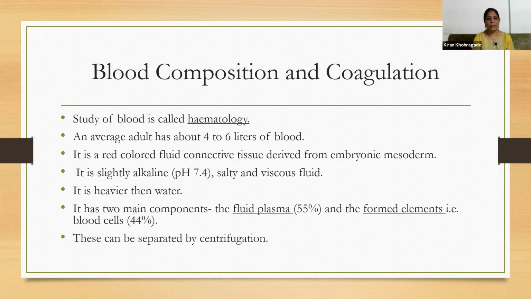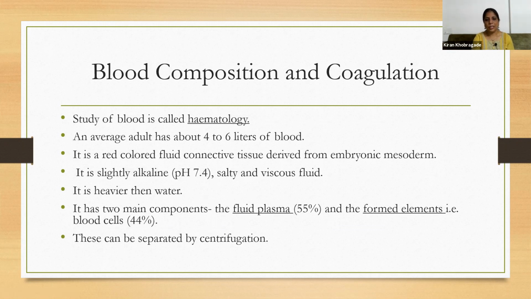Now when we say blood, it is slightly alkaline and it has a pH of about 7.4. We know that above 7 it is alkaline in nature. When we see acidic and basic conditions, 7.4 comes under alkaline.